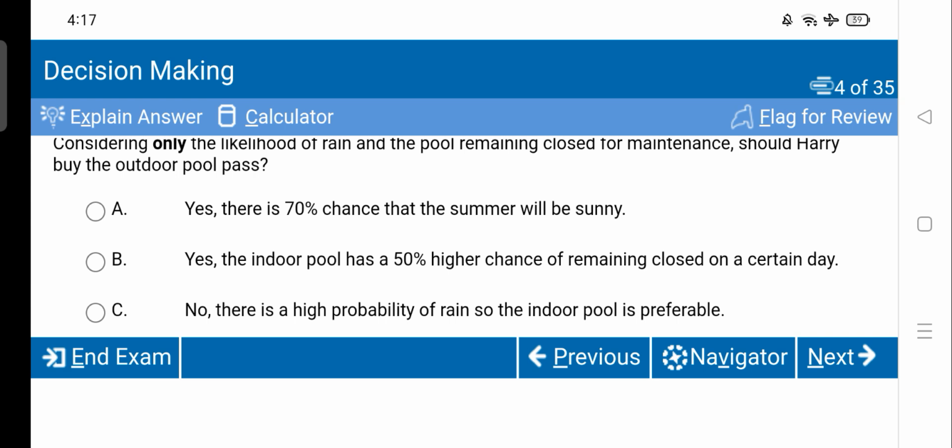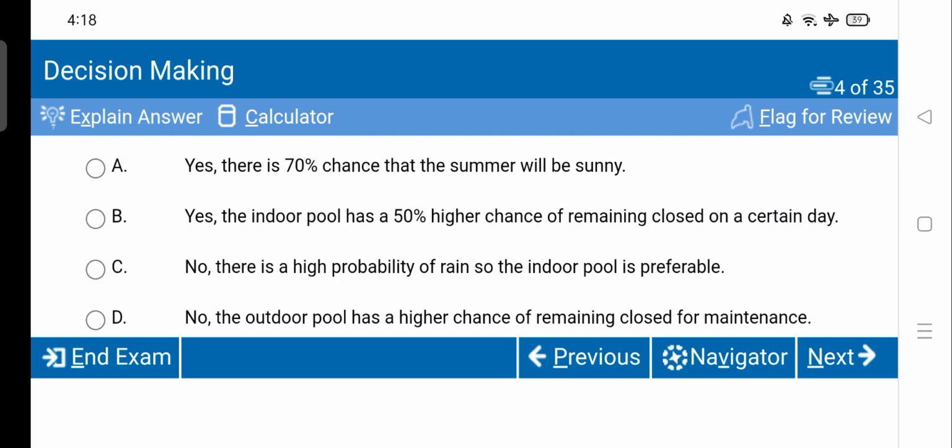Option B, yes, the indoor pool has a 50% higher chance of remaining closed on a certain day. Option C, no, there is a high probability of rain, so the indoor pool is preferable. Option D, no, the outdoor pool has a higher chance of remaining closed for maintenance.